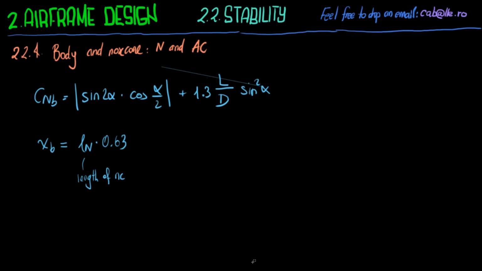We're just gonna keep the 0.63. And then we have 0.05 of the length times sine squared alpha.